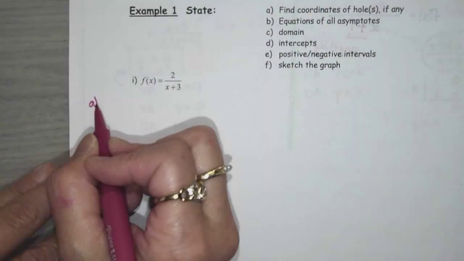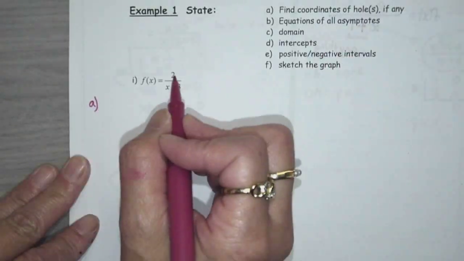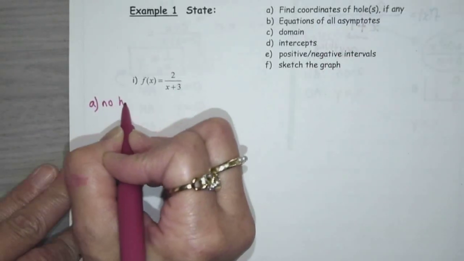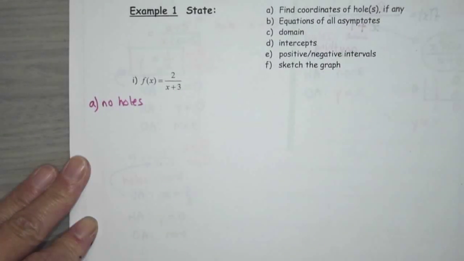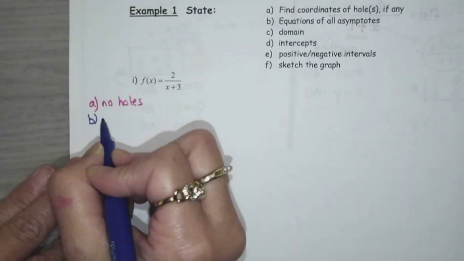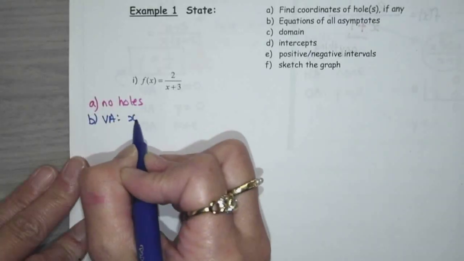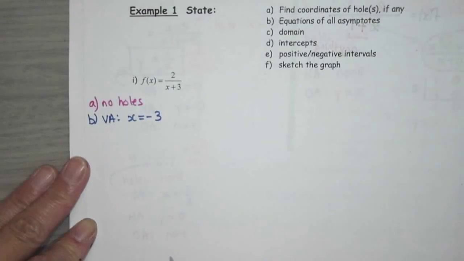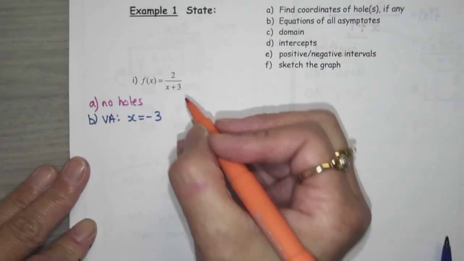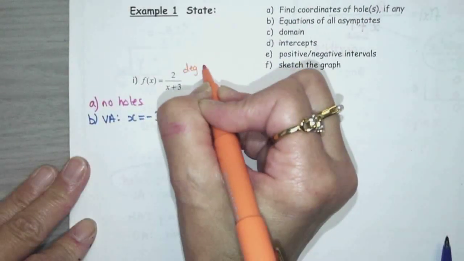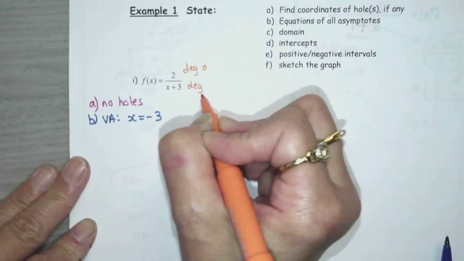Okay, so here, A, holes. Any? No holes. All right. B, asymptotes. I'm going to look for vertical. Vertical is usually easiest, so look in the denominator. X equals -3. Good. Horizontal. We go degree 0, degree 1.